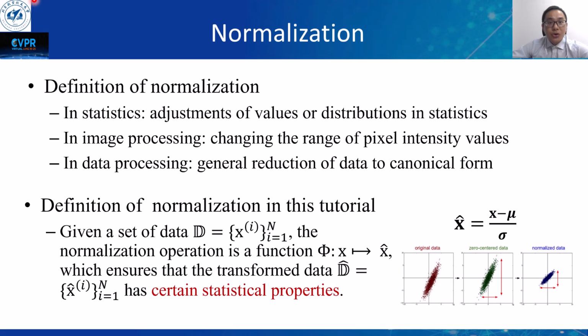In this tutorial, we provide the definition of normalization as follows. We address that normalization is just a function transformation that ensures the transformed data has certain statistical properties. For example, if we use standardization for normalization, we center the inputs to ensure zero-centered data and scale the data to ensure unit variance for each dimension.